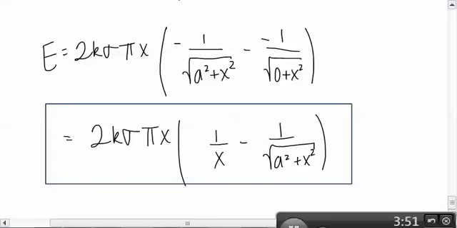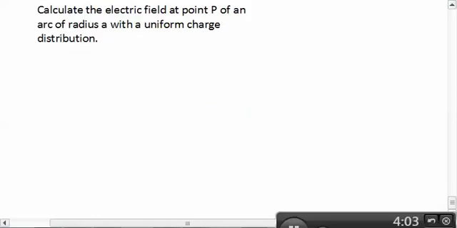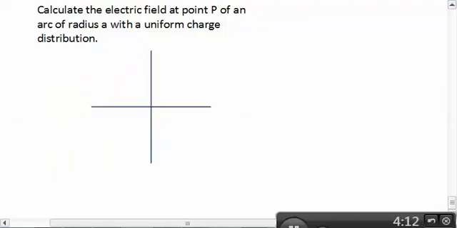Hooray! Okay, so let's do an arc of charge. Hopefully at some point you'll get to where you see how this all works and can at least set it up, even if you can't take the integral.